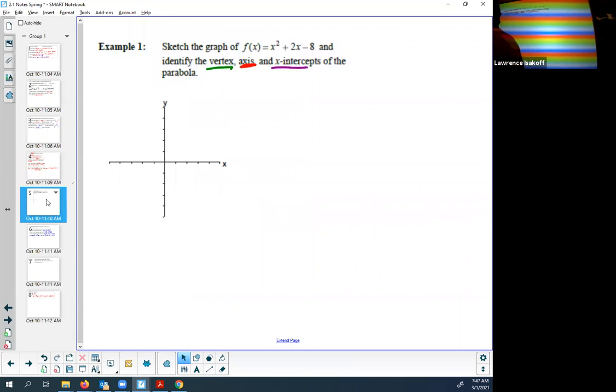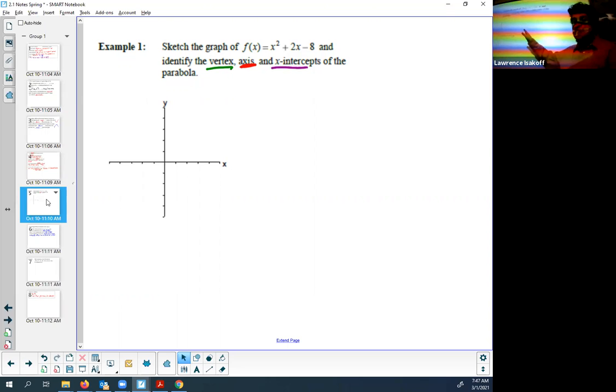So let's take a look here. This is what we're trying to do. We're trying to draw accurate graphs. With these, I know I'm being pretty like, oh, just use Desmos to graph. I would like hand-sketched graphs for these, so you're showing me you understand our important aspects of it. Now, you can get a lot of this information from Desmos too.